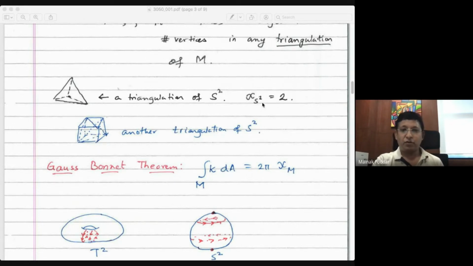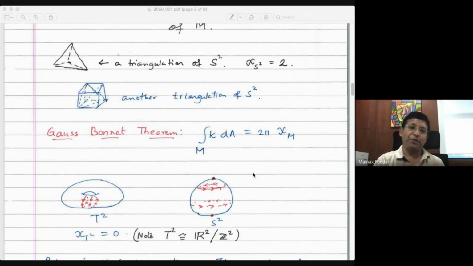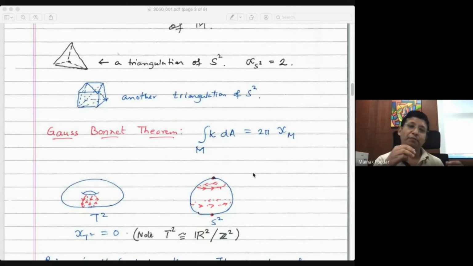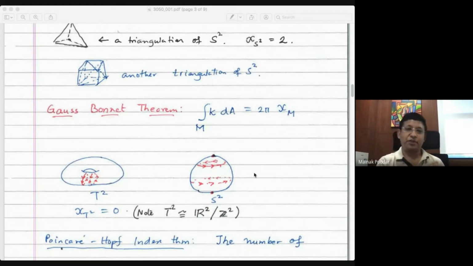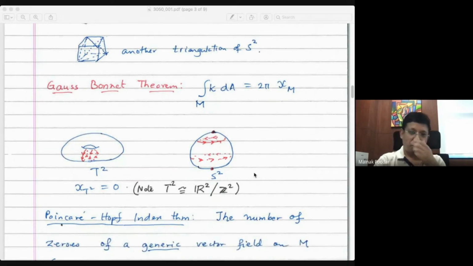If the curvature is everywhere negative, then of course the integral would be negative, but the Euler characteristic is 2, so that wouldn't be possible. So there are some restrictions that curvature places on the type of your manifold. This theme goes on in differential geometry: even in higher dimensions, if I have restrictions on curvature, I have restrictions on the topological type of the manifold. And there are many interesting theorems and so on.